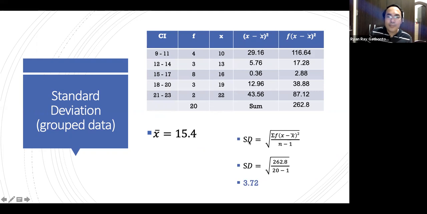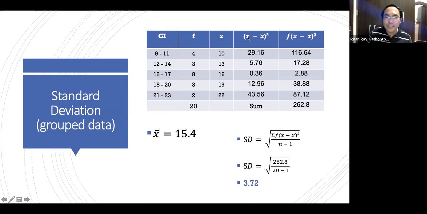Now, as we have the formula for the standard deviation of the group data, we use the formula, but we insert the frequency in the formula. To get this particular part of the standard deviation formula, we construct two additional columns.